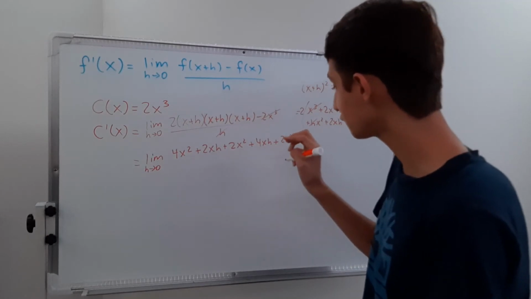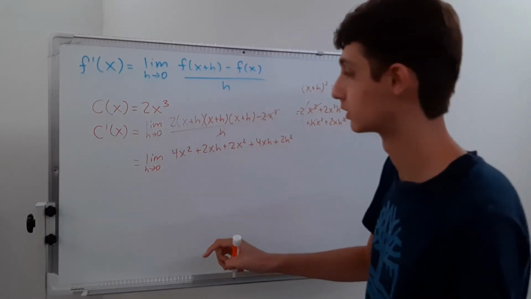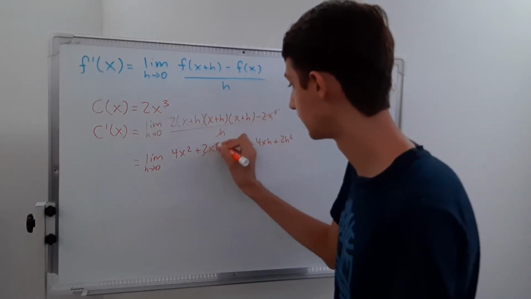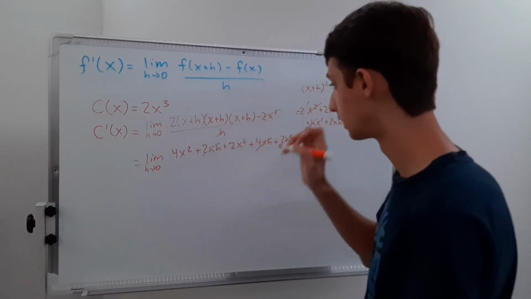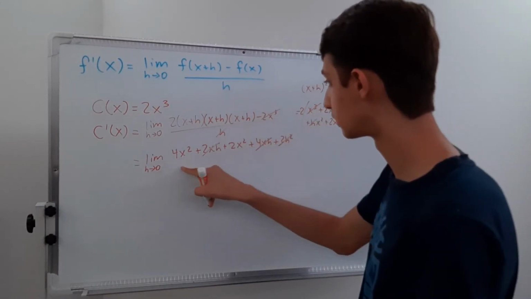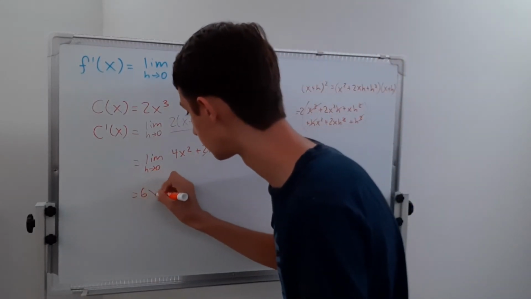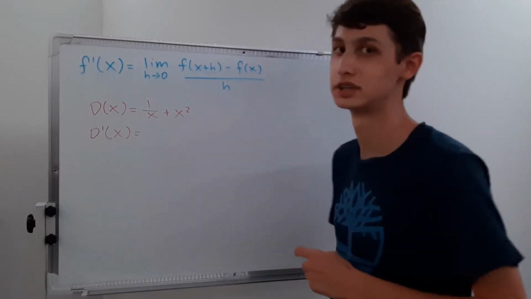Okay, so now let's just plug in 0 for all of them because I think we've simplified it enough. So if this goes to 0, that's gone, and that's gone. Okay, and we're left with 4x squared plus 2x squared, which is 6x squared.